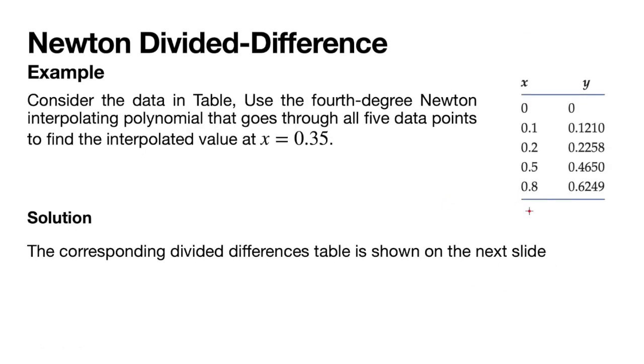So now we will consider the same data, but now we will use the fourth degree Newton interpolating polynomial that goes through all the data points to find the interpolating value. Because there are 1, 2, 3, 4 and 5 values, it is basically a fourth degree polynomial, and there will be coefficients up to a5, based on the number of the data points.